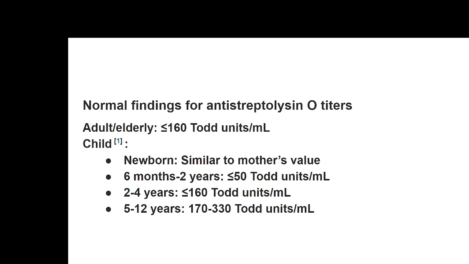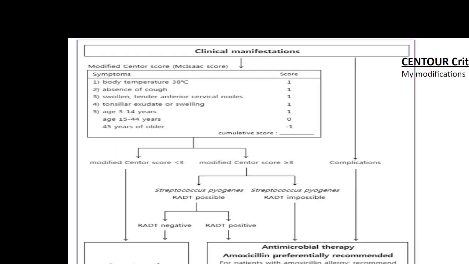Most of the time, school-going children aged 5 to 12 years are subjected to ASO titer, and if the level is just higher than 170 or thereabouts, people consider this a patient with positive ASO titer, and penicillin prophylaxis is done, always considering the possibility of rheumatism or maybe scarlet fever. In adults, it's around 160. That's the important issue where common errors are being made.